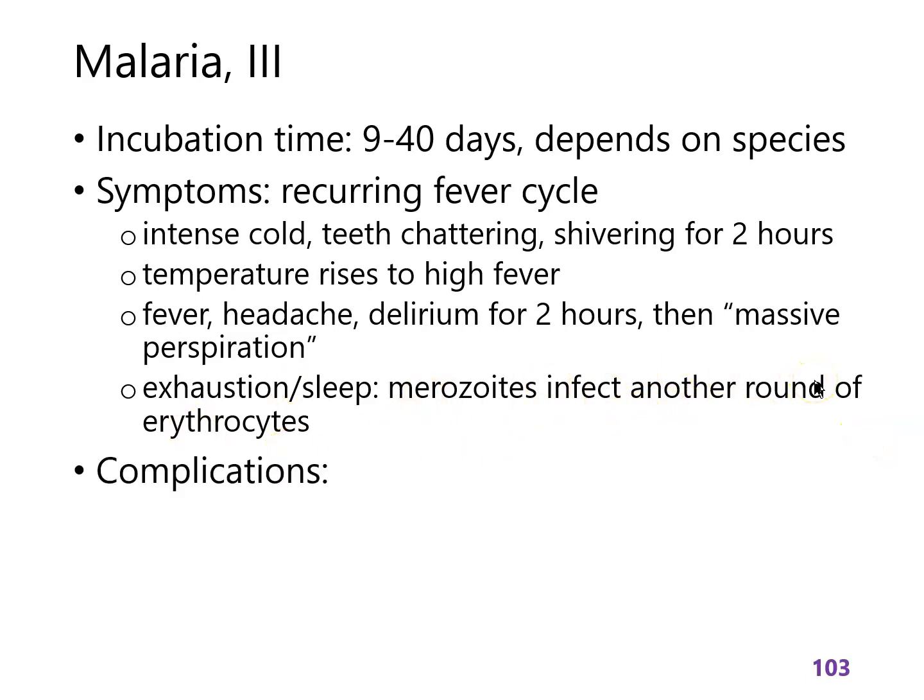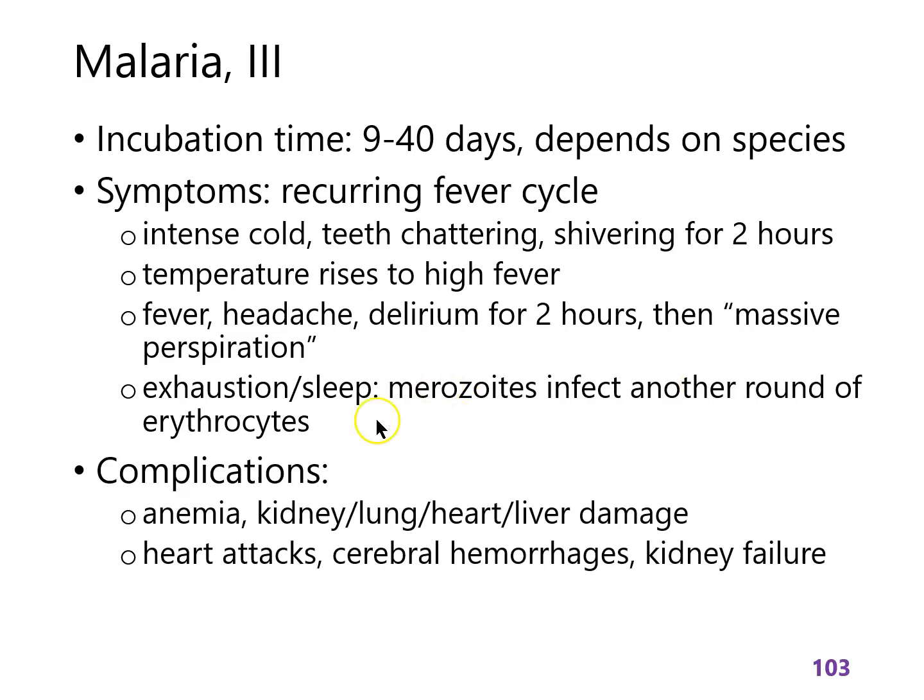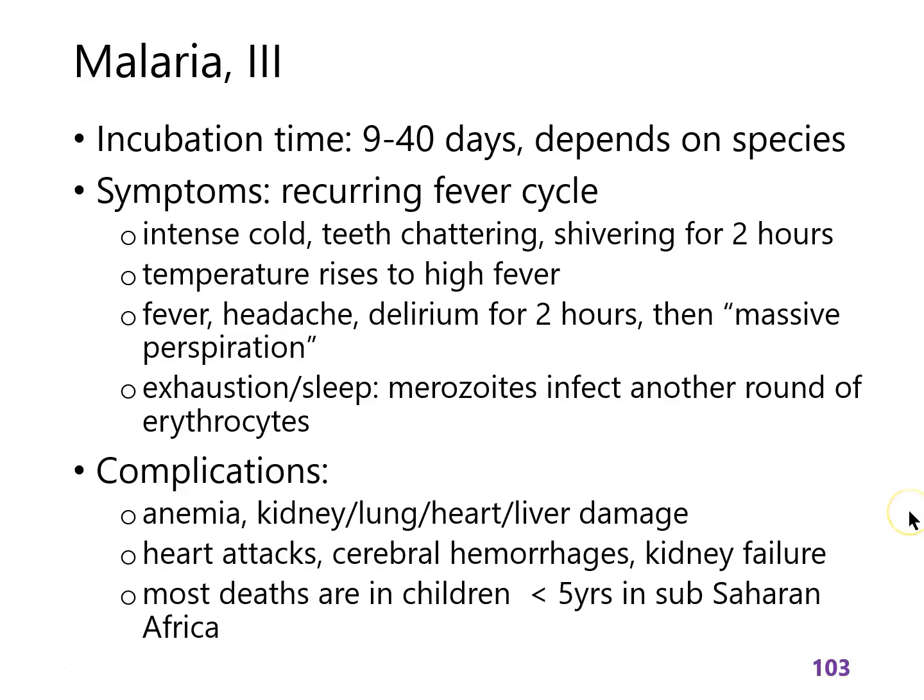So what can happen is damage to a lot of internal organs, and ultimately internal bleeding and failure of internal organs. And most of the time, the severe symptoms and signs happen in children under 5 years old who are exposed to Plasmodium falciparum.